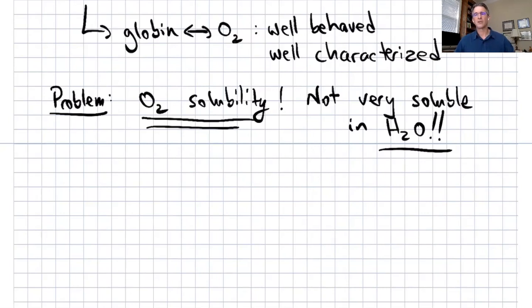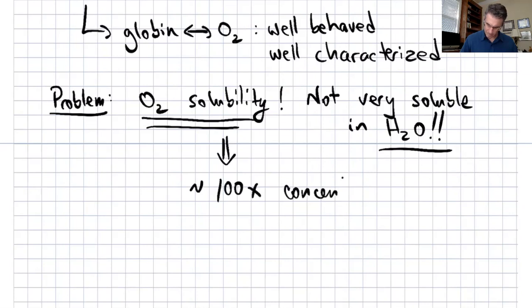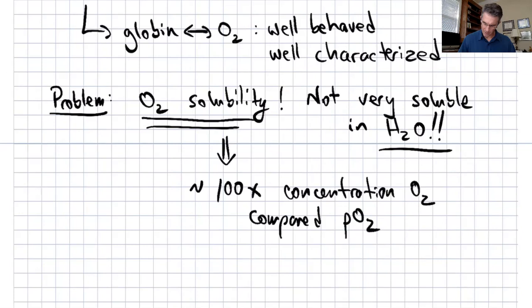And you've got to get oxygen to these peripheral tissues deep inside an organism like us, not going to diffuse across our skin. And because it's not very soluble, to exist at our size, and with the metabolisms we've got, we need approximately 100-fold concentration of oxygen in our bodies compared to the partial pressure of oxygen at 1 atmosphere of pressure, right?